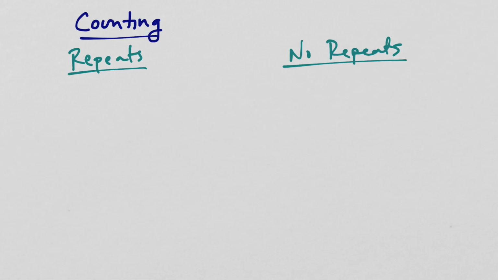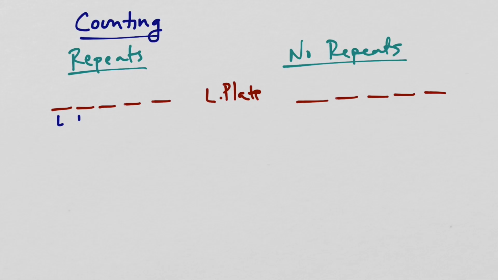Okay, so again, if we look at a license plate, and there's going to be 5 numbers on that license plate, and we're going to say within this license plate it's going to have a letter, and then the rest are going to be numbers.